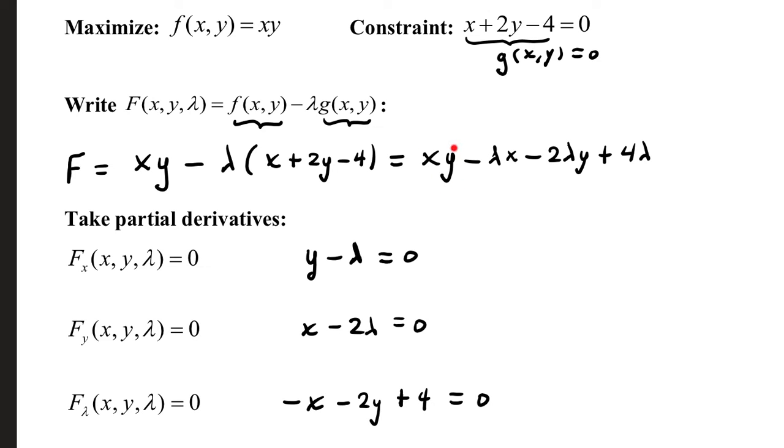Taking partial derivatives with respect to x first, the first term gives us y minus lambda. The third and fourth terms have no x, so their derivative is 0. So we have y minus lambda equals 0. Now we take our partial derivative with respect to y. Starting with the first term, that's x, 0, minus 2 lambda, and 0, giving us x minus 2 lambda equals 0.